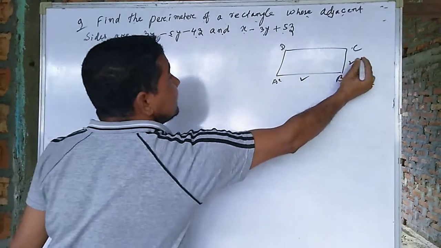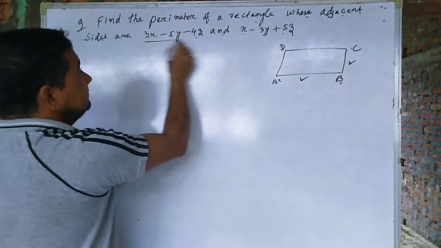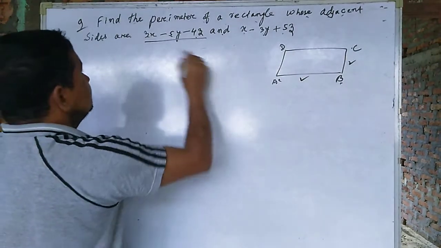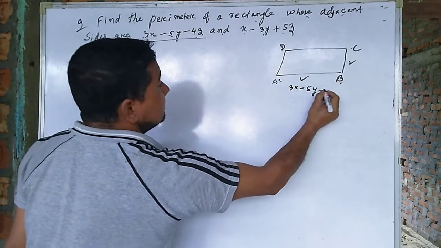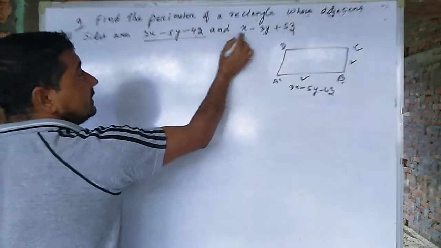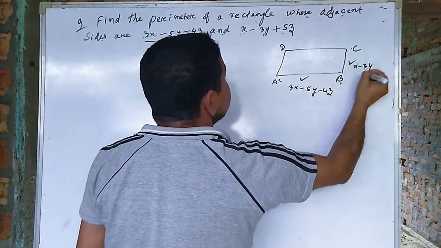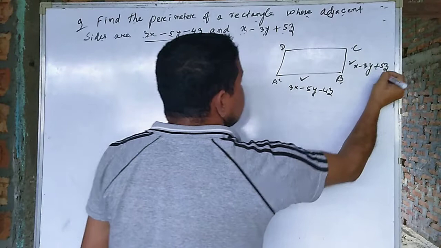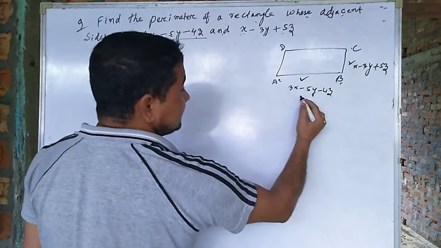These two adjacent sides of the rectangle are given in the question. Suppose this one is the length, 3x minus 5y minus 4z, and this one the breadth, x minus 3y plus 5z. And ABCD is the rectangle.